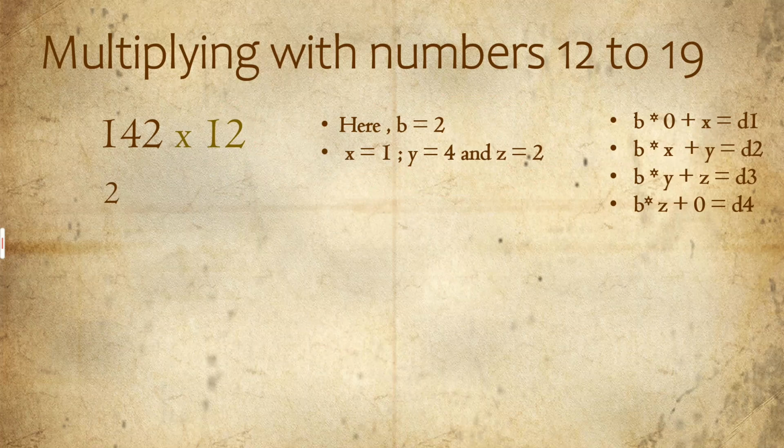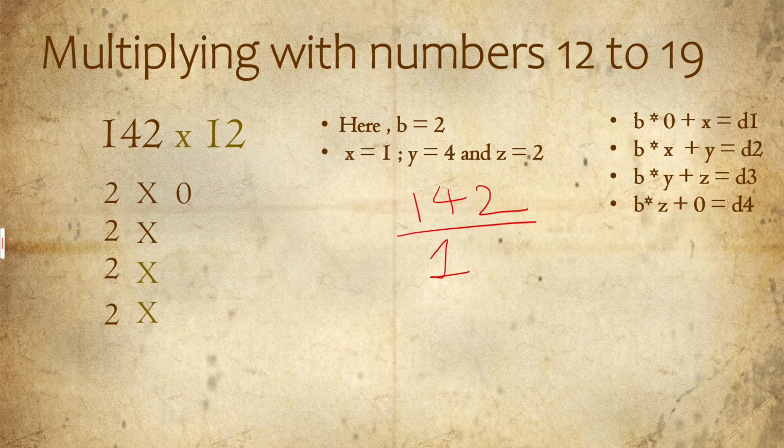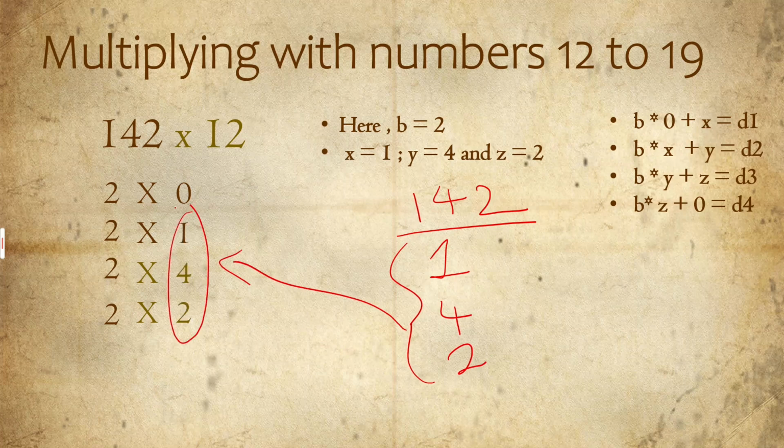Step 1, write down the ones digit. That is 2 in this case, one below the other, like this. Then the multiply sign ahead. Then 0. Then we start off with the first digit. For 142, the first digit is 1, then 4, then 2. This is the same order in which we write it over here: 1, 4, and 2. So it's basically writing down 142 vertically, right?